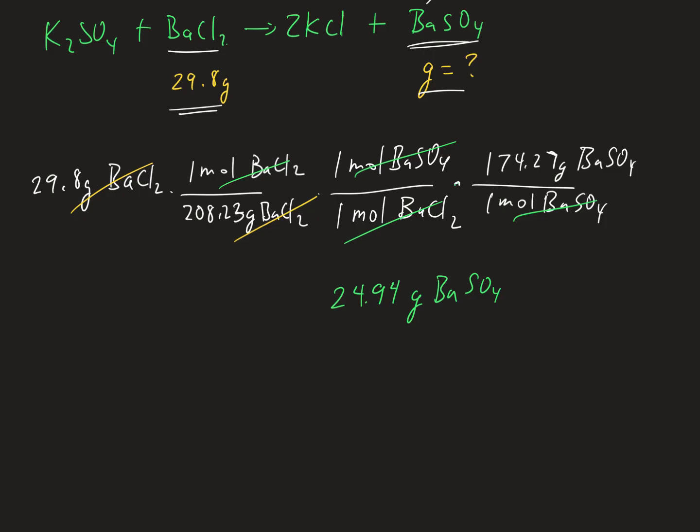Okay, ladies and gentlemen, this is called my theoretical yield. Why do we call it that? Because in real life you make mistakes and things vanish. In theory, this is what we should get. If we do everything perfectly in the lab, this is what we should get. This is the maximum amount of product that we should get in theory.